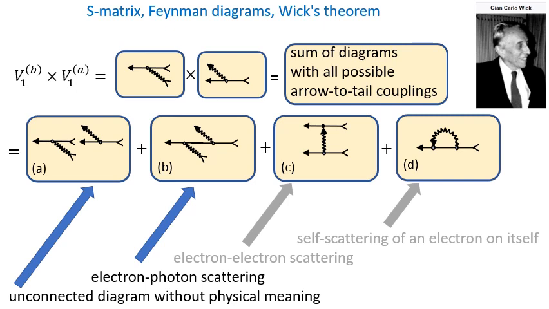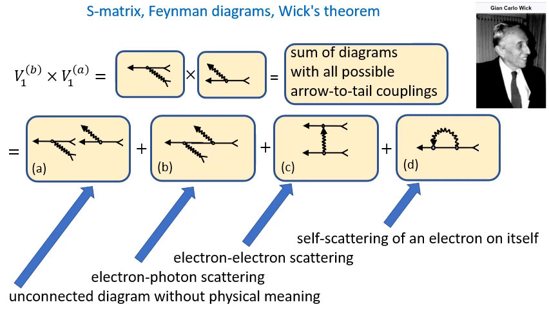In the diagram B, we couple electron arrow with electron tail and obtain a graph describing electron-photon scattering. Diagram C with coupled photon lines describes the electron-electron scattering.